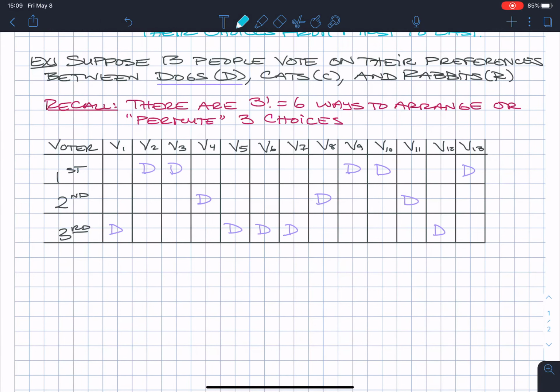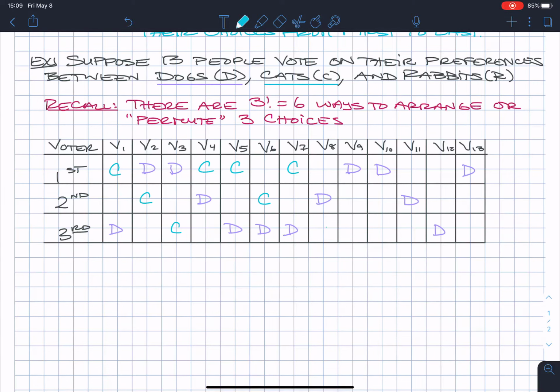Now let's choose cats in blue. For voter 1, cats was first. For voter 2, cats was second. For voter 3, cats was third. For voter 4, first. For voter 5, first. For voter 6, second. For voter 7, first.